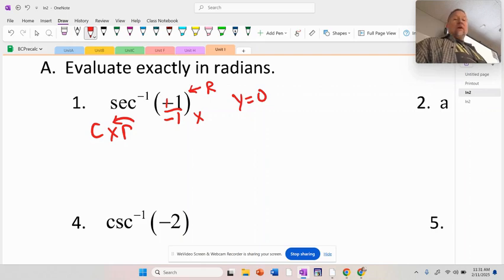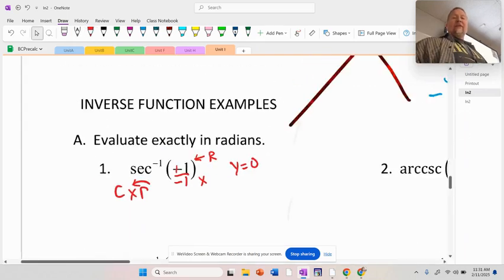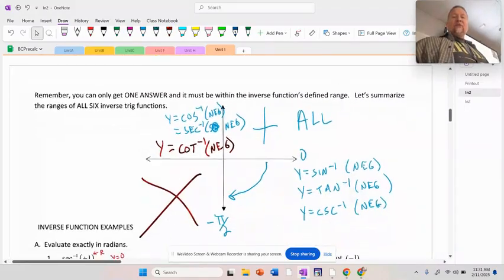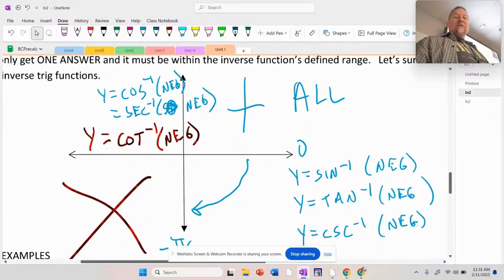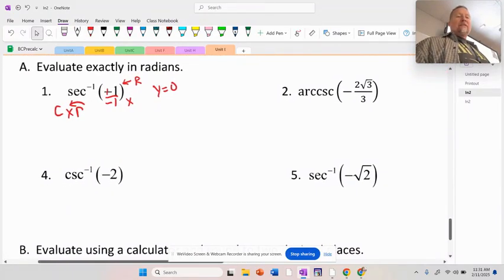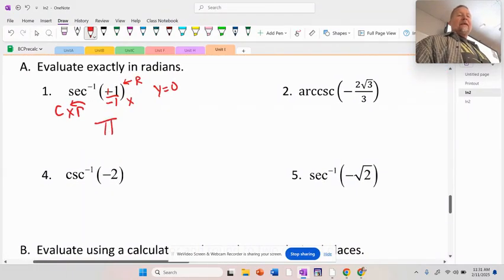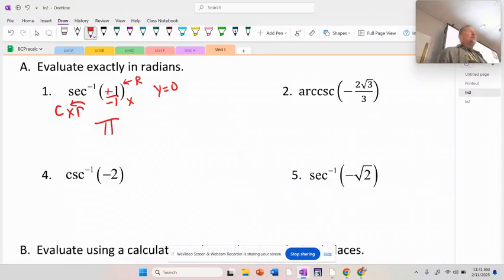Okay, so actually, I am thinking about this here. So secant is between 0 and pi, so it's got to be over here. That's -1 comma 0. So what's the answer? Pi. Okay. I guess that's only one answer. That doesn't even apply to what our restrictions are.